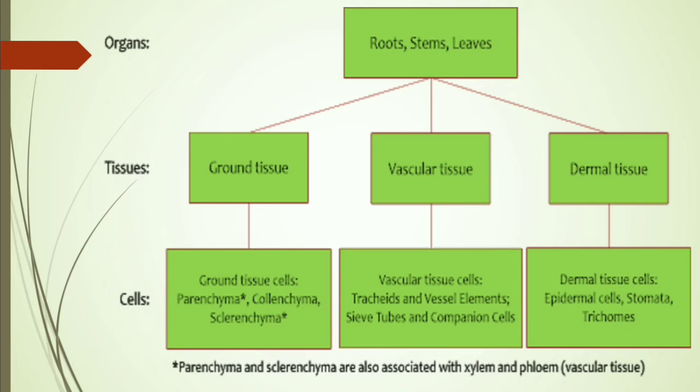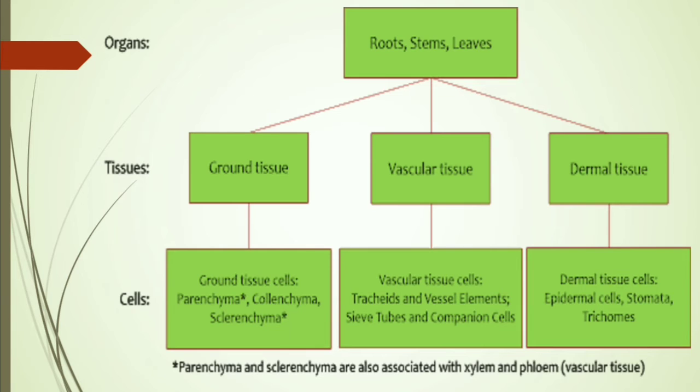Ground tissue is composed of ground tissue cells, that is parenchyma and collenchyma. Vascular tissue is composed of vascular tissue cells, that is the tracheids and the vessel elements, and sieve tubes and companion cells. Dermal tissue cells are made up of epidermal cells and stomata, trichomes.